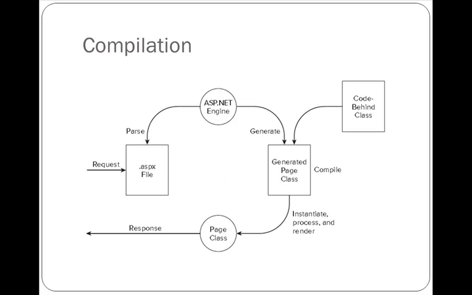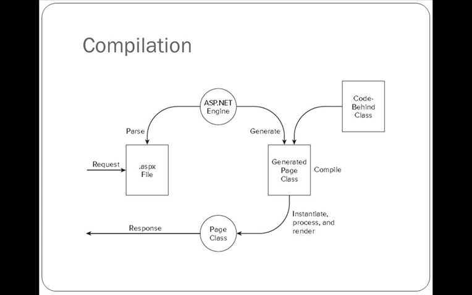The compilation of your website. Some background, and I'll show you a couple things here. So what happens when you make a request? When the browser makes a request, it's passed to the ASP.NET parser that creates a class file in the language of the page. It is then passed to the ASP parser based on the file's extension, the ASPX.